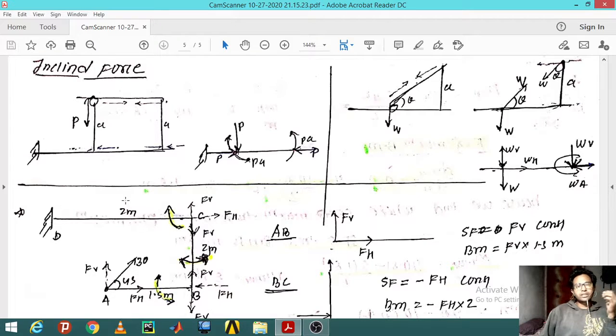Due to that, the other lever also gets bent, and the equal and opposite reaction is formed. So at the end of that beam there is a moment taking place, because the tension acts at a distance from the beam, and the moment created there is P times a, in the anti-clockwise direction.